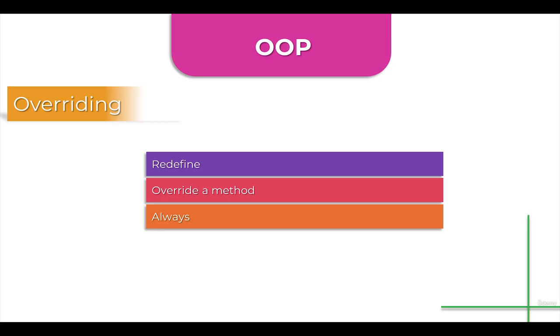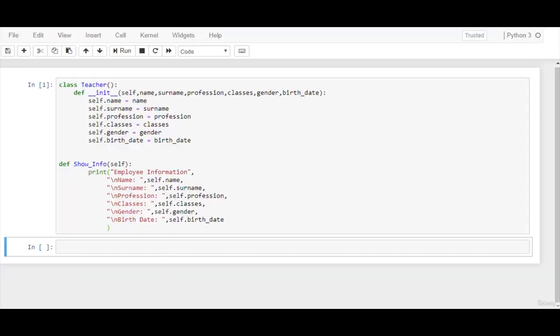For example, instead of using the init method of the teacher class, we can override the init method in the headmaster class. Okay, so in this way, we can add extra attributes to the headmaster class. So let's do it, and you'll see what I mean.